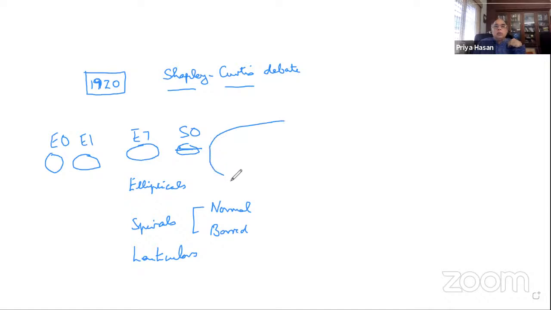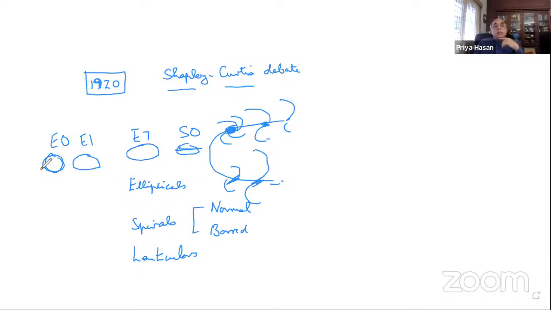And then you have the two branches where you have spirals, where initially you have a large bulge at the center. And as you proceed ahead, the bulges at the center become smaller and smaller. Right, and spiral arms open up, and then you have the barred spirals, and the arms become more open, the nucleus becomes smaller, and so on.